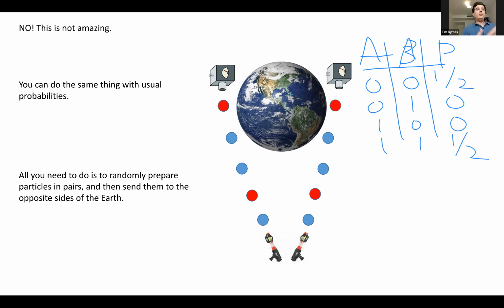So the probability of getting a red or blue ball, which is the 0 or 1. Sorry, I forgot to mention that, for example, this means 0 and this means 1, right? So the probability of getting 2 zeros or 2 ones is a half, but then you never ever get the situation where it's red and blue, or blue and red, because we arranged it that way, right?